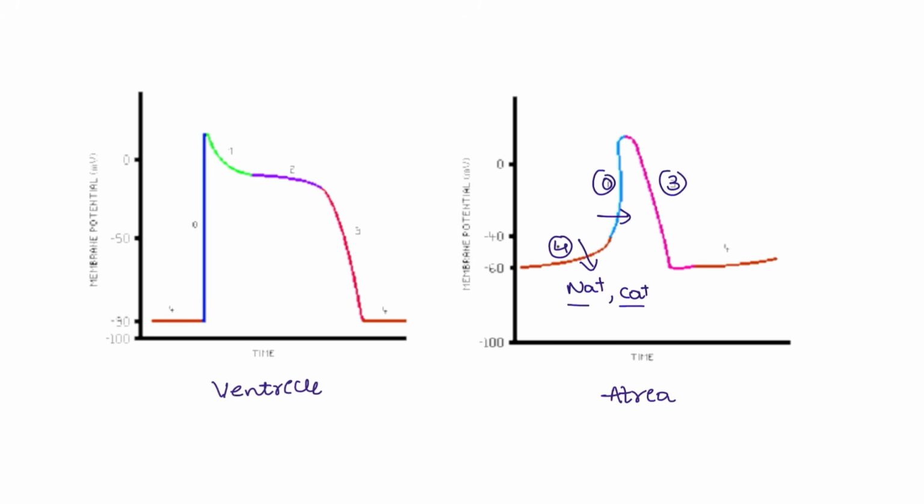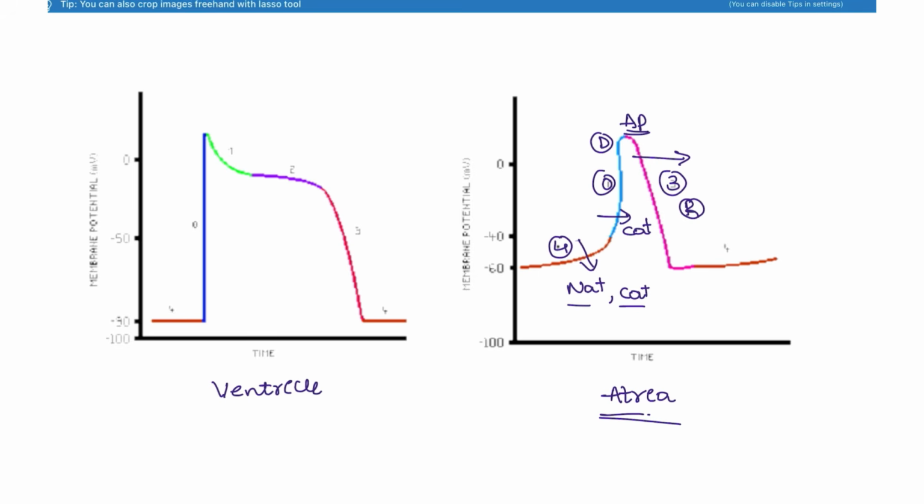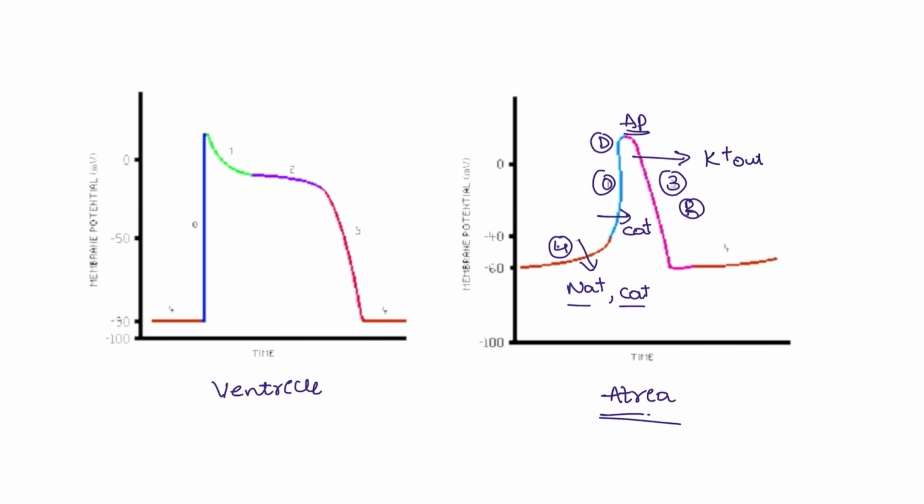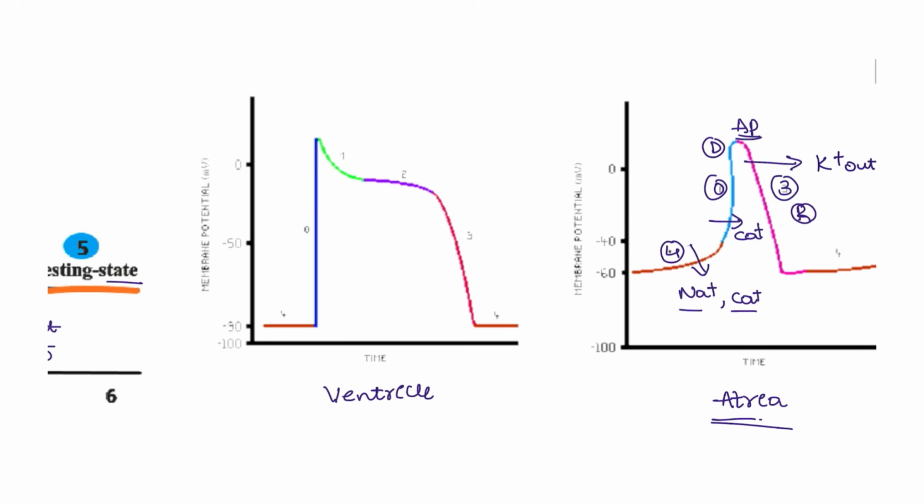And after that, again there is a calcium influx which is going to cause the depolarization and the action potential of the atria. And once they reach, they have to cause the repolarization, right? So they will be sending potassium outside, potassium outflux, right? This is the atria, which consists of only the fourth phase, 0 phase, and the third phase.